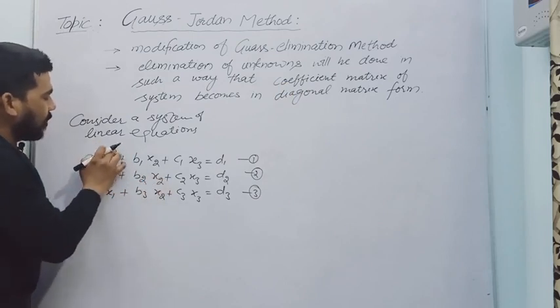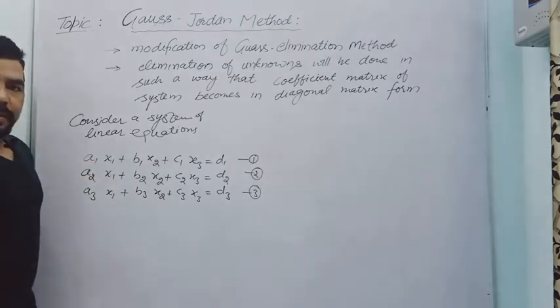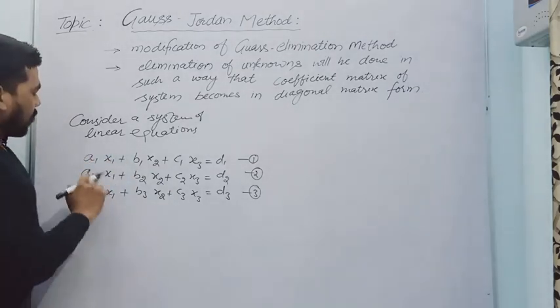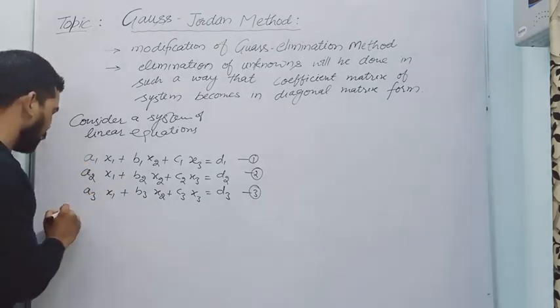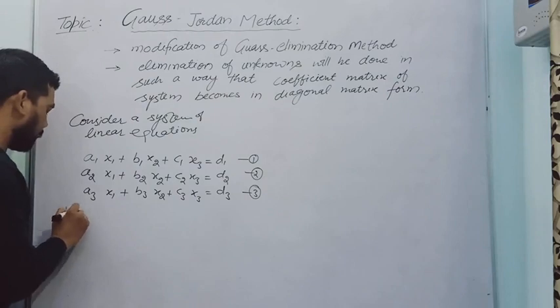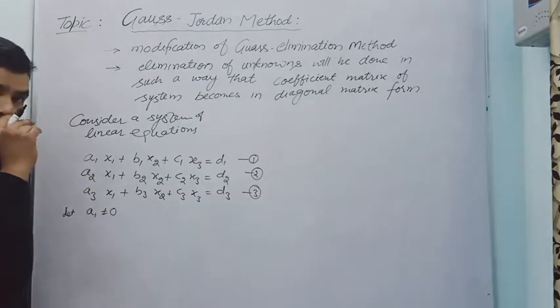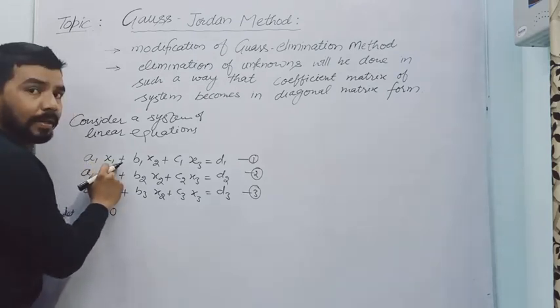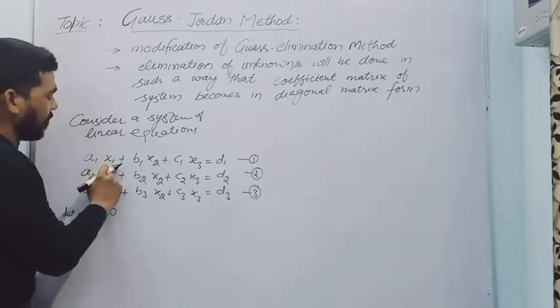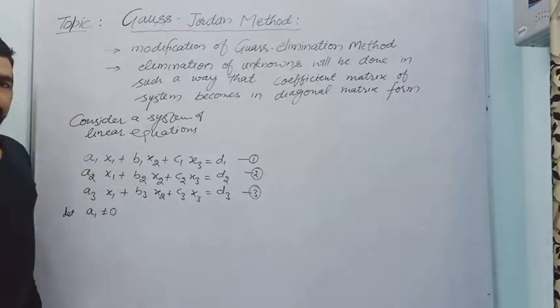For that, the coefficient term should be present in the system of linear equations. Assuming that A1 is non-zero, by using equation 1, I eliminate x1 from equation number 2 and equation number 3.